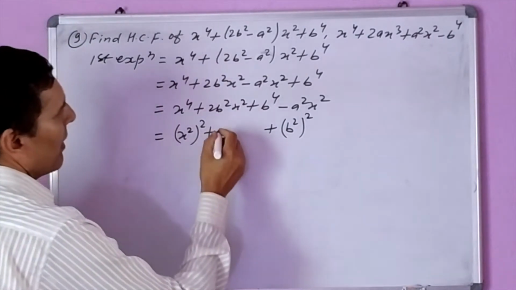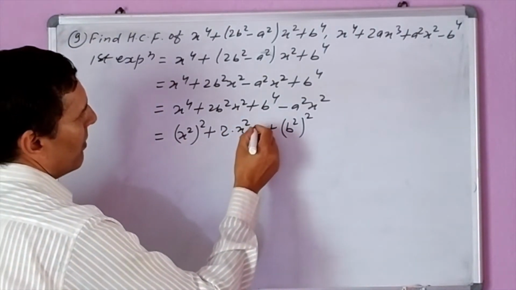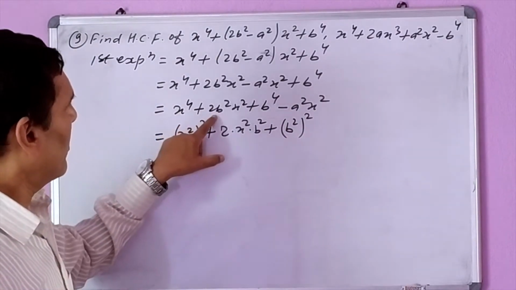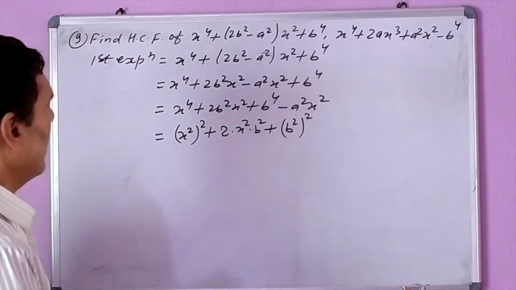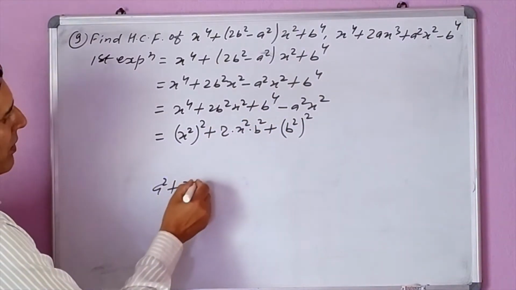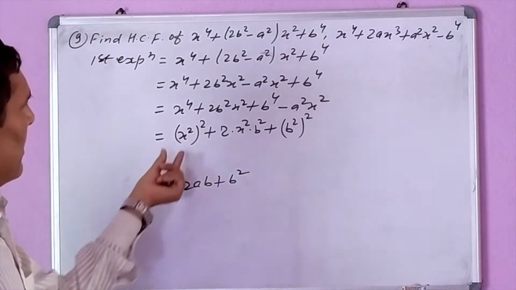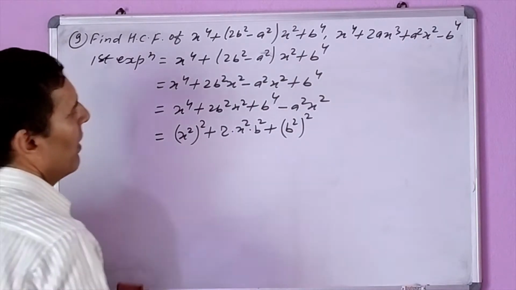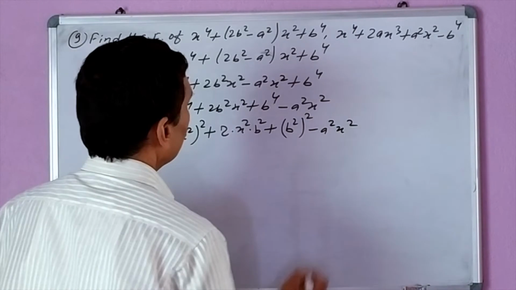Now in the middle we have 2, a is x^2, b is b^2. So x^4 + 2x^2b^2 + b^4 is in the form of a^2 + 2ab + b^2, where a^2 is the square of x^2 and b^2 is the square of b^2, and last a^2x^2 as it is.